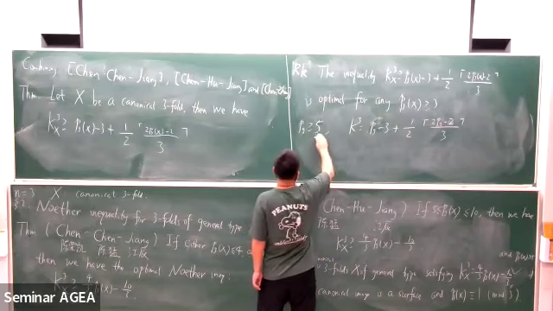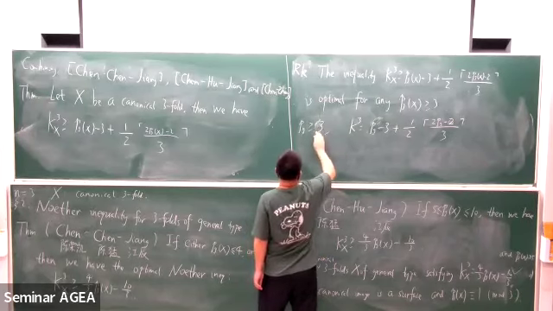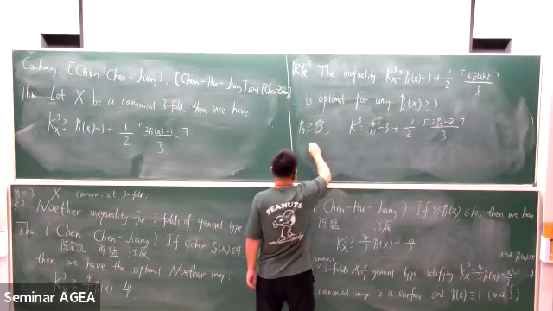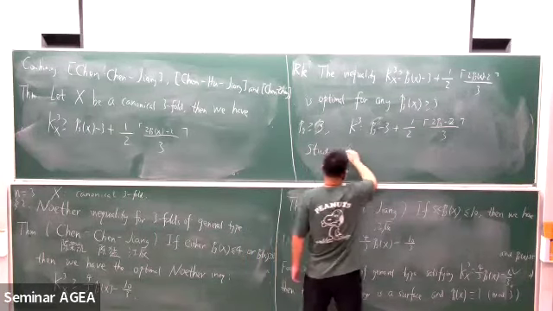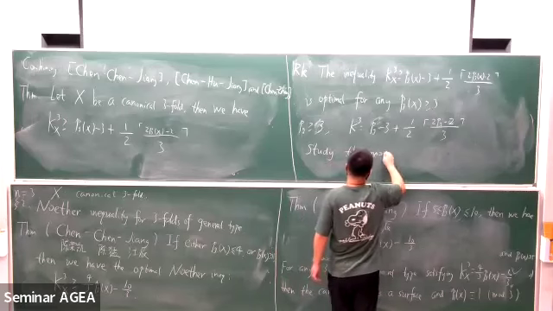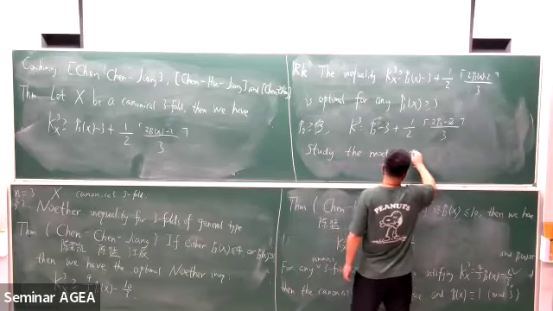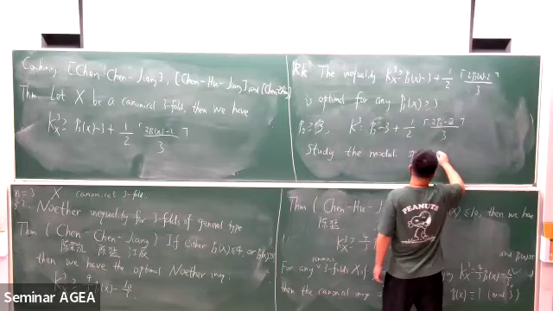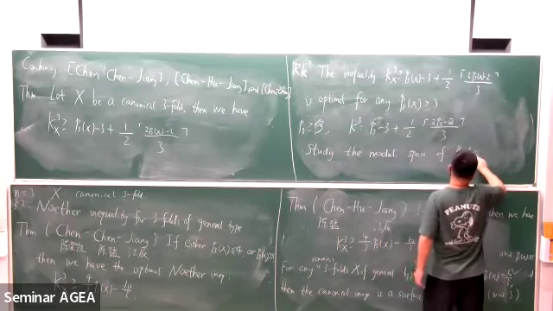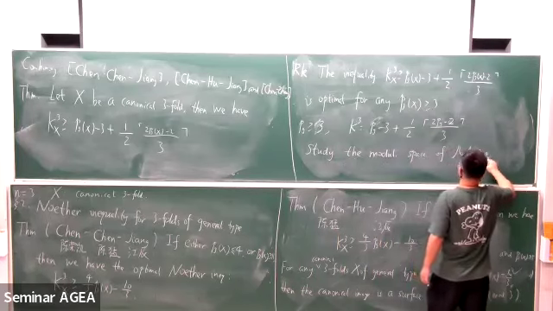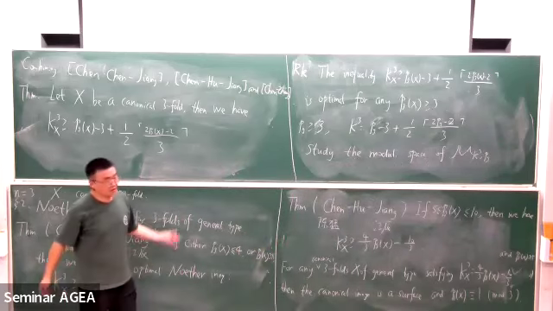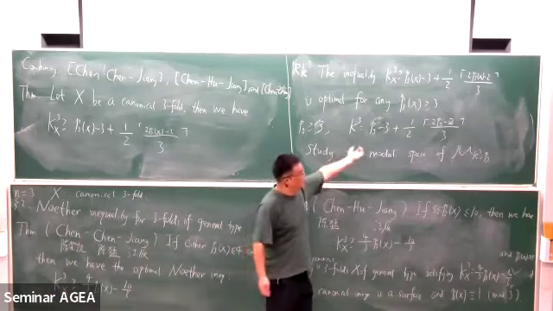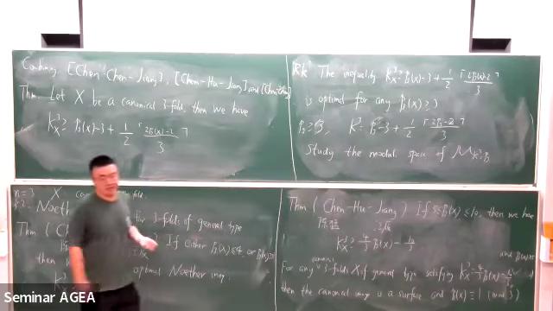We would like to study the moduli space M of K cubed and Pg. And when this equality holds, we say that X is on the Noether line.